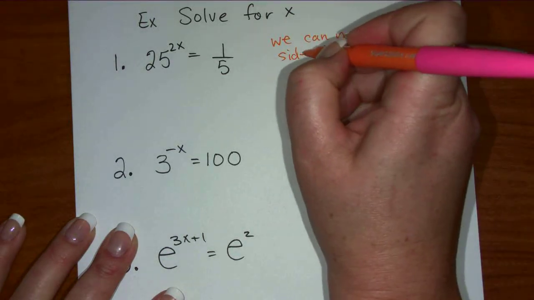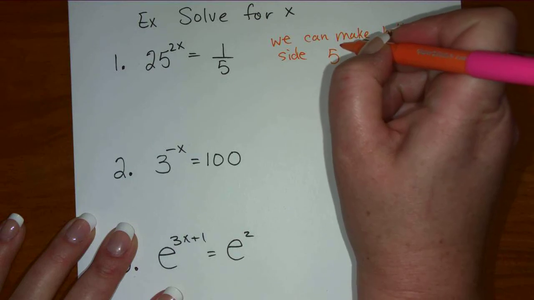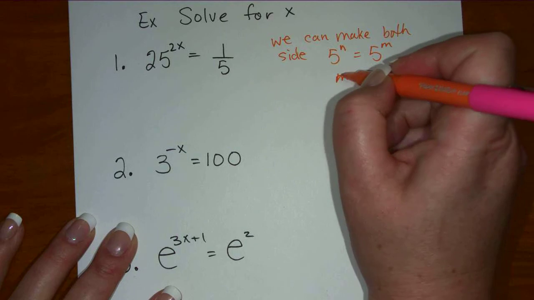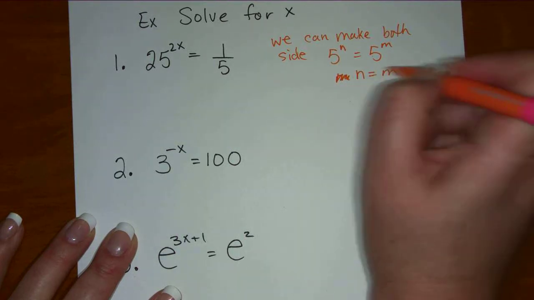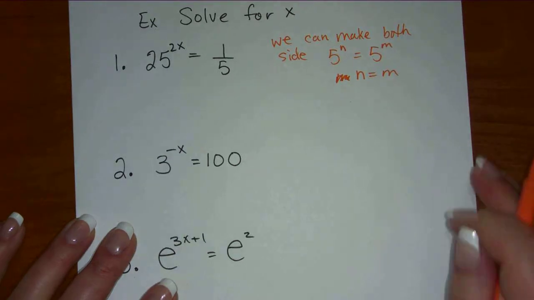And then we would compare the exponents. So once we get a big 5 on both sides, whatever is up there for the exponent, we set them equal, and then that's our new equation to solve. So that's technique 1.